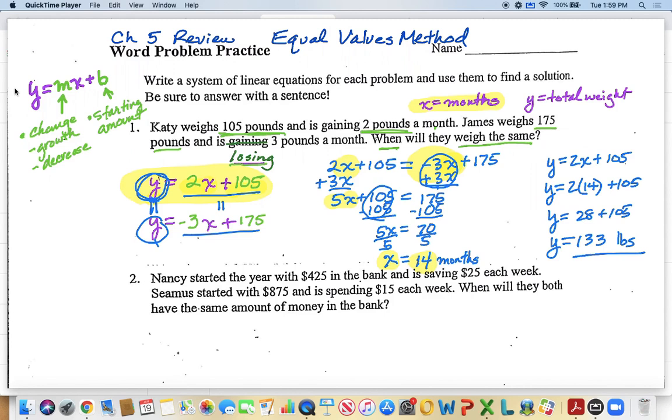Okay, so now we can write the answer to this, which is in 14 months, they will both weigh 133 pounds.